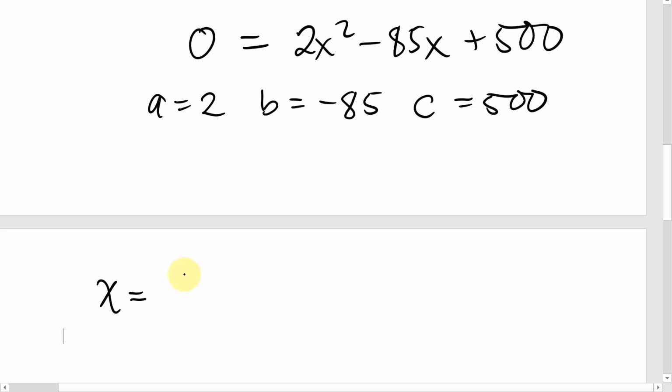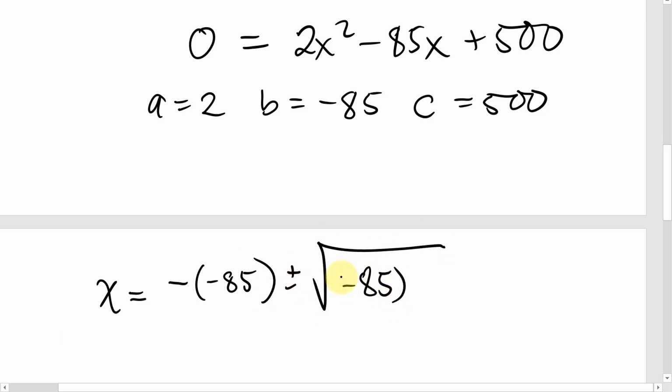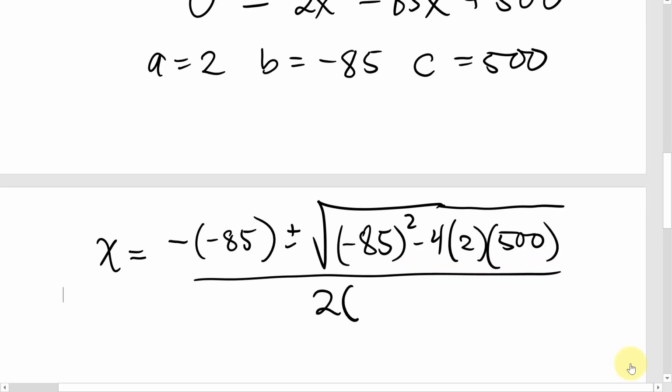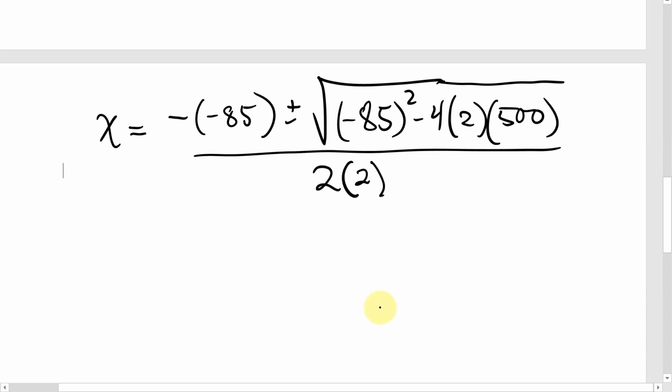So by the quadratic formula, we've got negative of negative 85 plus or minus the square root of the b value squared, minus 4 times the a times the c. Then I have 2 times the a. And let's simplify this. We have 85 plus or minus the square root. Now we have to do negative 85 squared.